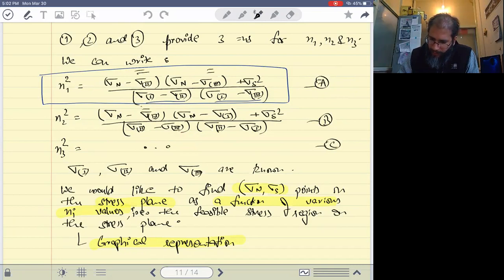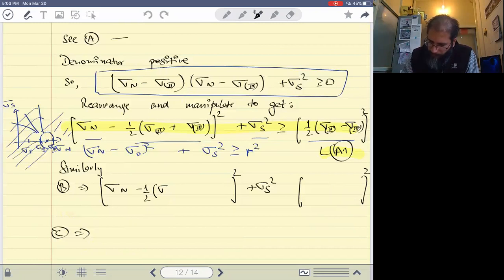In this case, we'll have 3 and 1. What we'll see is that this will be less than or equal to.